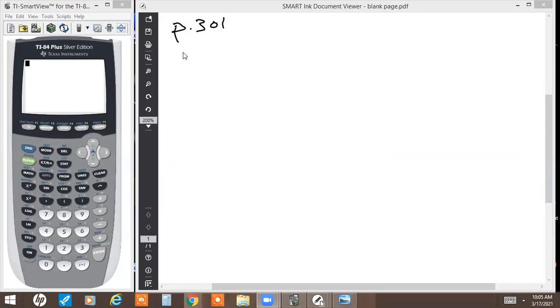What we're going to be doing is called normal CDF. And we've talked about CDFs and PDFs when we were doing binomial distribution. CDF is a cumulative density function. And so we're going to select under distributions, and I'll give you some examples.